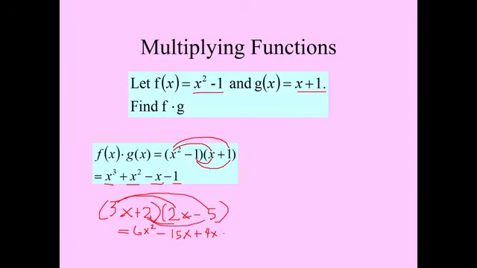Multiply the last terms, that's negative 10. You have noticed now that there are common or similar terms. So bring down 6x squared. What is negative 15x plus 4x? Take note that will give you negative 11x. You will subtract that because they have unlike signs. Minus 10. And there you go. That is the answer when you do the FOIL method between 3x plus 2 and 2x minus 5.